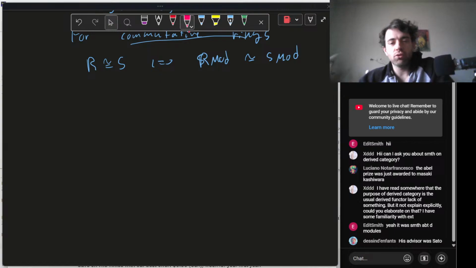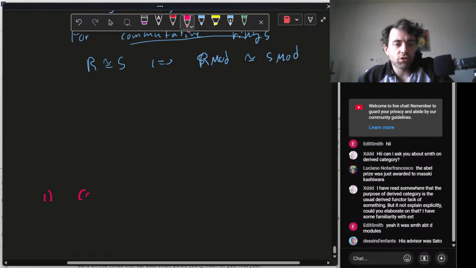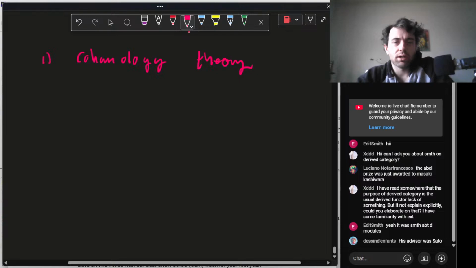There are two main things I could say about why we might care about the derived category. One is the general idea that we're interested in cohomology theory. For simplicity, we could stick to, say, the category of R modules.